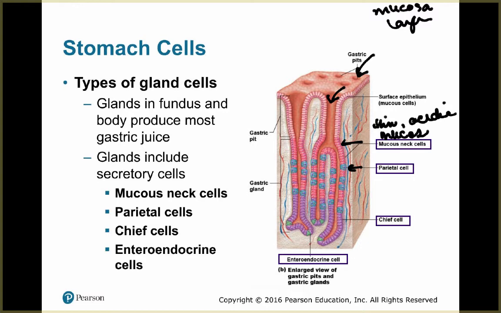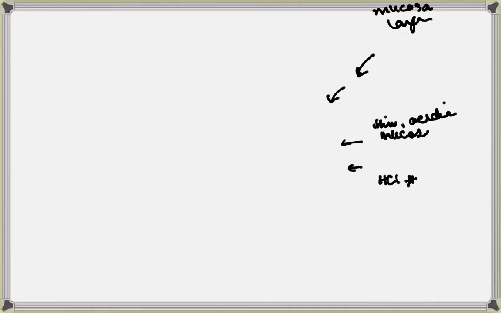And so they secrete two things. They secrete hydrochloric acid. So the hydrochloric acid is somewhere between pH 1.5 and 3.5. And this has a few things that it does. So let me go over here and write this, and then I'll go back. So this helps to denature proteins.